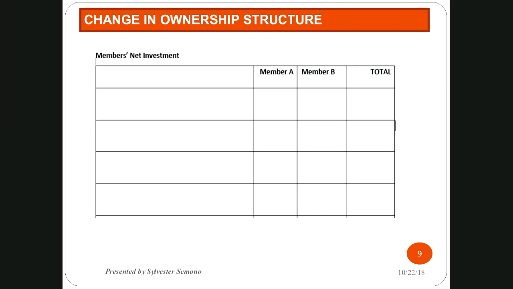Obviously, if we need to determine how much will be the members net investment, firstly, we will need to bring forward, let me change the color here, the new members funds, the ones that we just calculated.